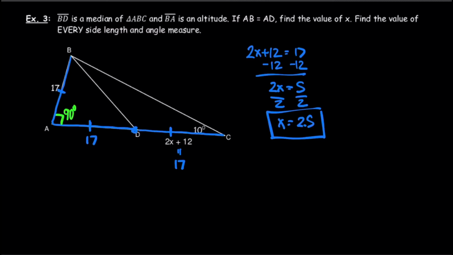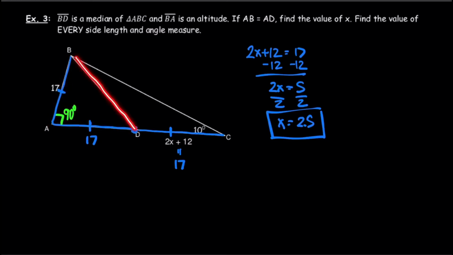Now, it says find the value of every side length and angle measure. Well, I know this is 90. I know that's 10. How do I get the rest of this figure? Well, there's one key piece of information here that we need to focus on, and that is that AB equals AD and that this is 90 degrees.